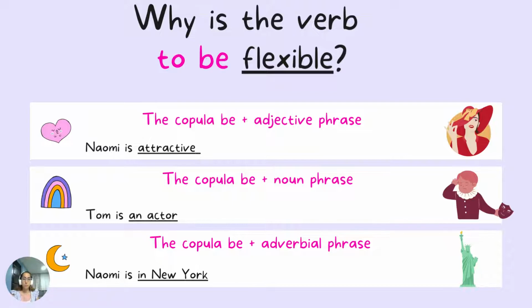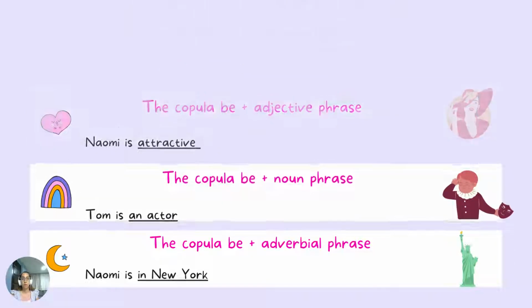For example, Naomi is attractive. It is also flexible because the copula be can be followed by a noun phrase, as for example, Tom is an actor. And it is also flexible because the copula verb can be followed by an adverbial phrase, such as Naomi is in New York.